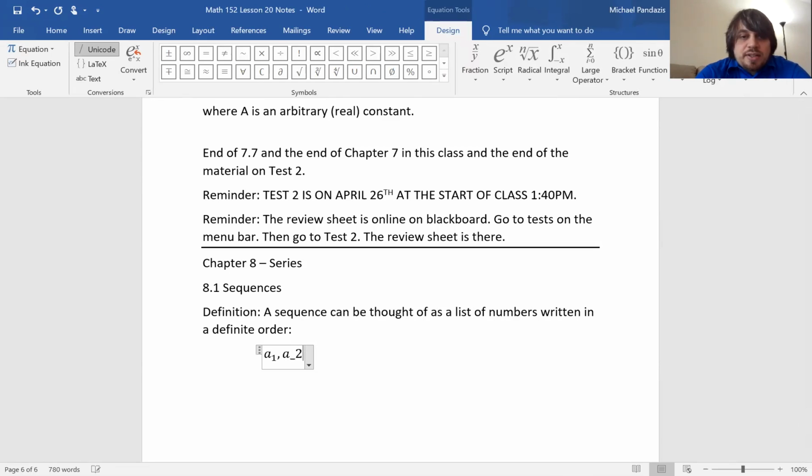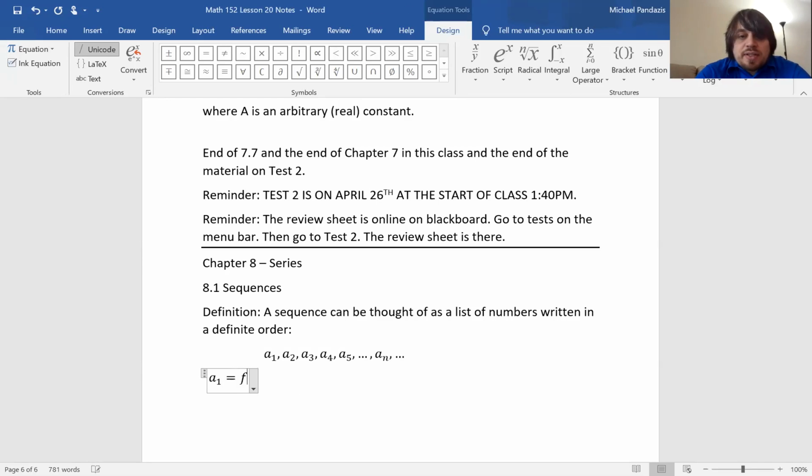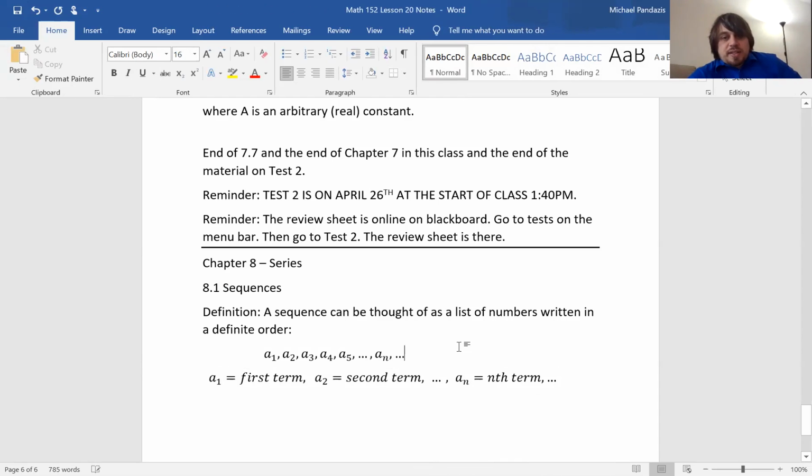So a1, a2, a3, a4, a5, and so forth, and then you get to the nth term, so you have a_n, and then you keep going. a1 is the first term, a2 is the second term, a_n is the nth term, and then dot dot dot, because there's then an n+1 term, an n+2 term, and so forth. It goes on and on.